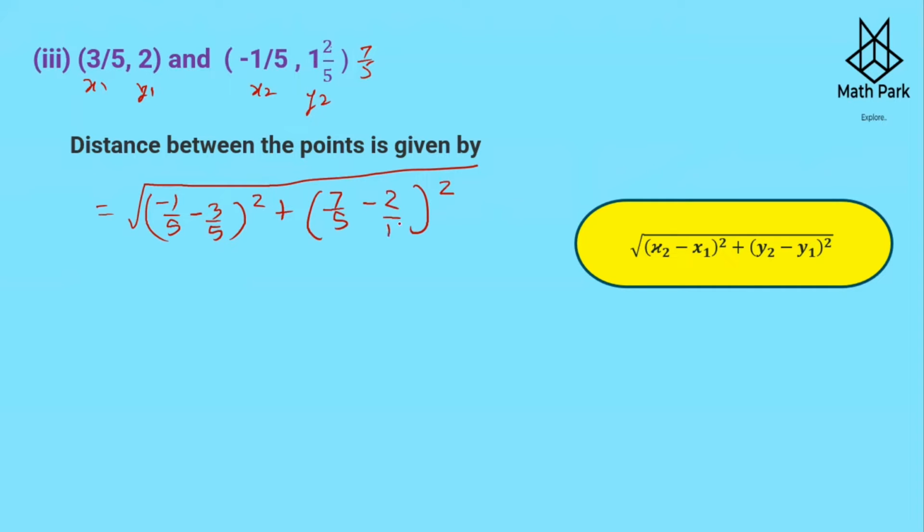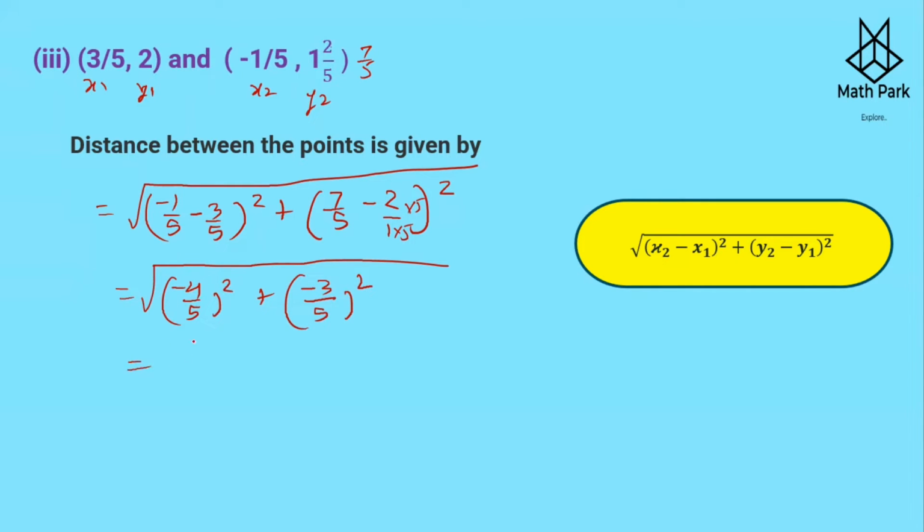So let us take the LCM here. We'll be multiplying by 5, multiplying by 5. The denominator is same. Like fractions we know how to add. So minus 1 by 5 minus 3 by 5 is minus 4 by 5 the whole square plus 2 times 5 is 10. So 7 minus 10 is minus 3 upon 5 the whole square.